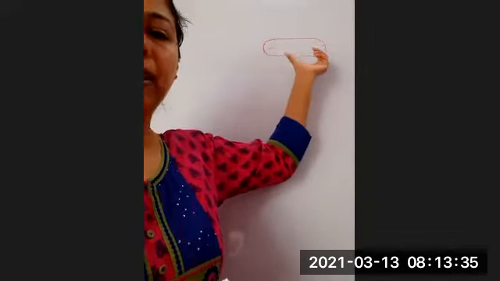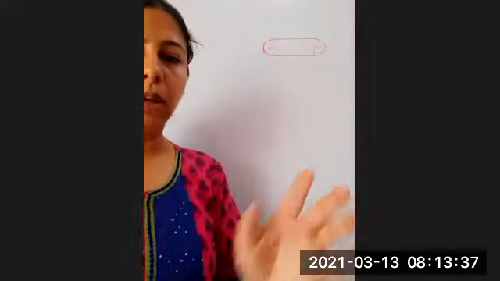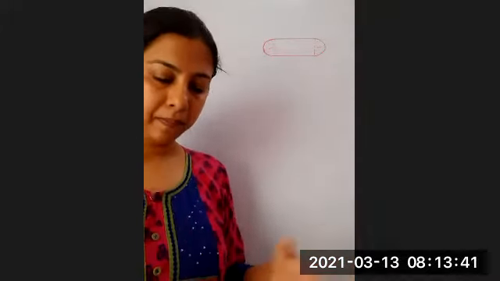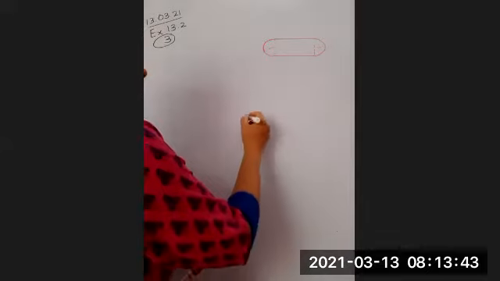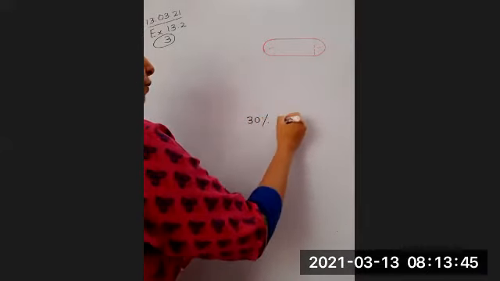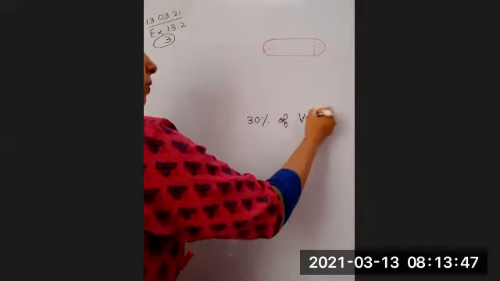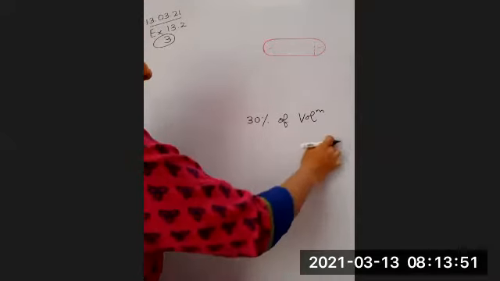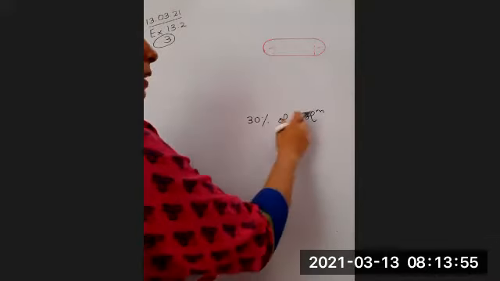After finding the volume of one gulab jamun, what is 30% of it? 30% of the volume of one gulab jamun is equal to the amount of sugar syrup in it. And how do we find 30% of anything?